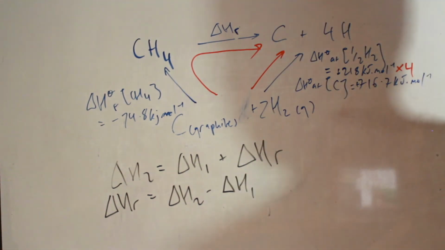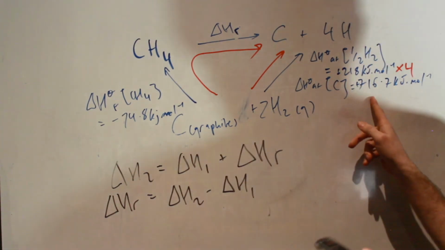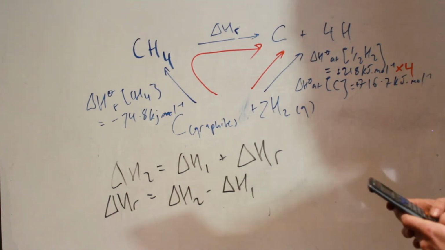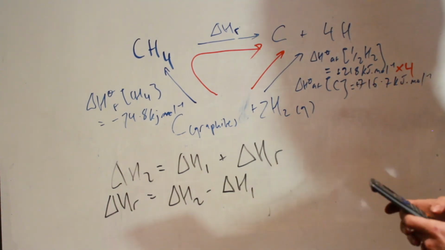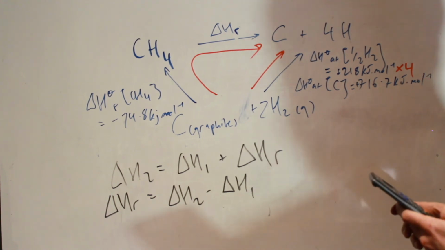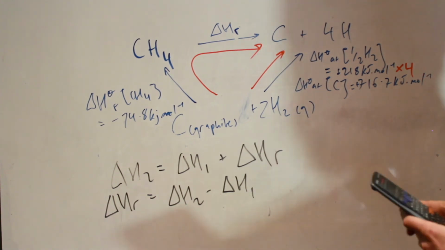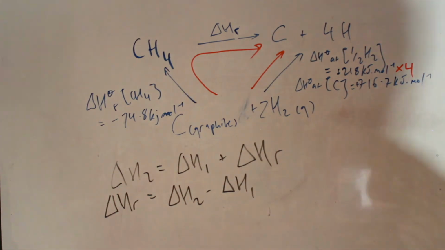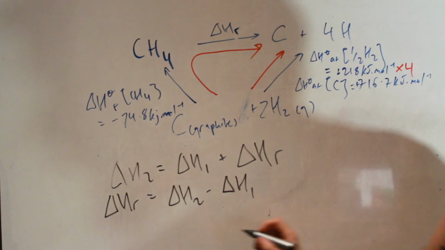And now I can plug some values in. So my delta H2 over here is this one. I've got 4 times 218, which equals 872. And I've got 716.7, add all them together. I get a value of 1588.7.